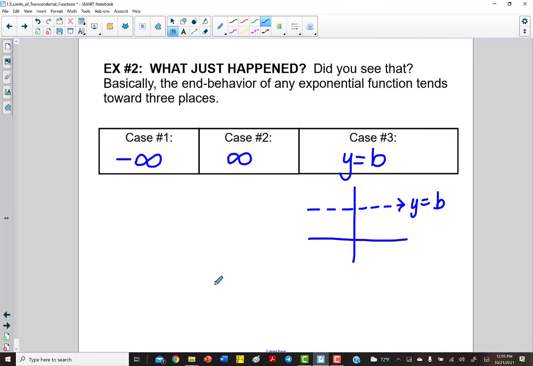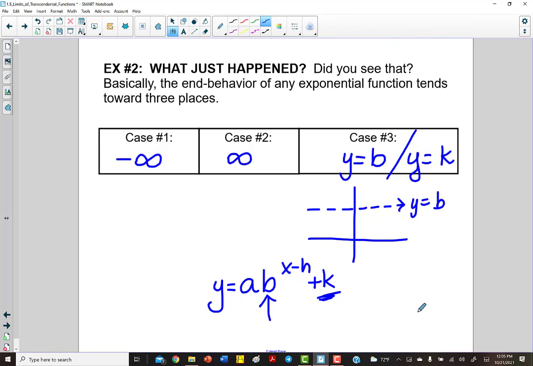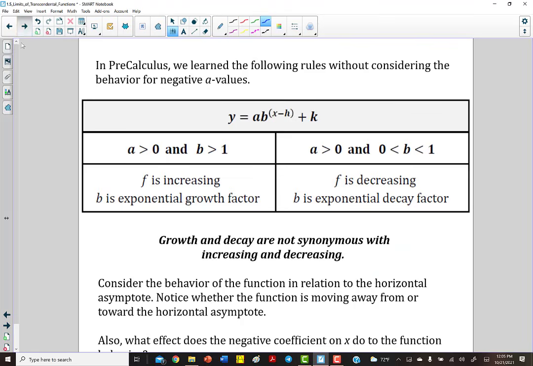So we could say in the equation y equals a b to the x minus h power plus k, we could also say this is heading to y equals k if you thought about it from this point of view. We're not identifying that b as this b. We're identifying that x equals a is a vertical line and y equals b is a horizontal line. So just to clear that up, I don't want any confusion there.